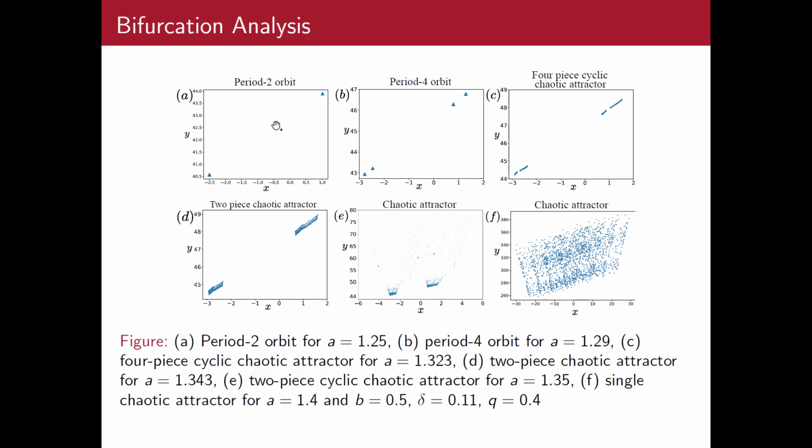Here in A, it's a period-2 orbit. When the period-2 orbit undergoes period-doubling bifurcations, it becomes a period-4 orbit, and gradually it turns into a chaotic trajectory.